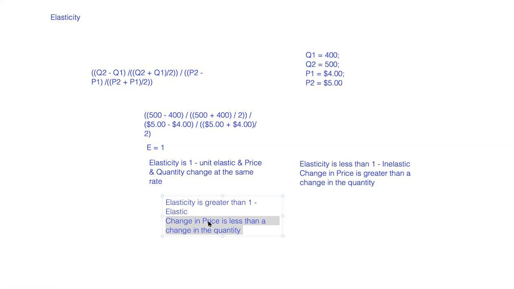So the change in price is less than a change in quantity. In this case, that can be something like luxury goods. Frequently, elastic goods are luxury goods, or things that consumers don't really need. They're goods that consumers can stop consuming, and it's not particularly detrimental to them.